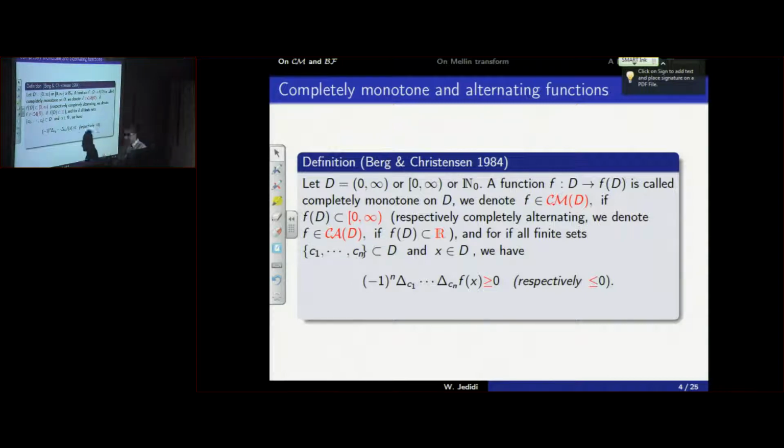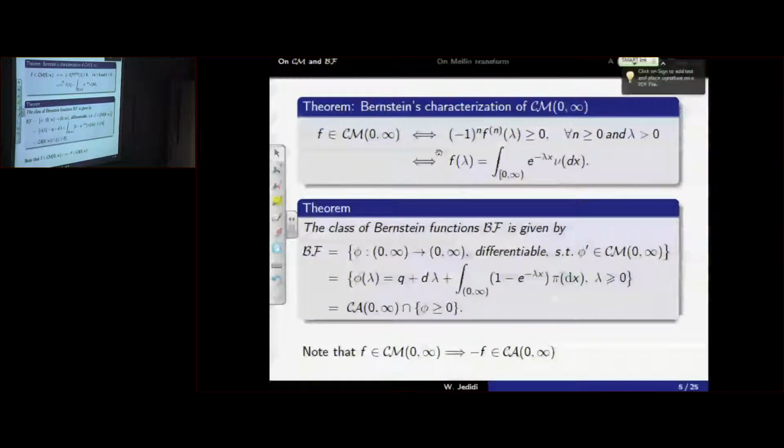What are these kinds of functions or sequences? What is their structure? Just focus on this condition. It's very surprising to discover. This has been discovered by Bernstein, the guy of the polynomials: if f is a function, necessarily f is infinitely differentiable. It's not obvious to see it with only this kind of condition. Not only is f infinitely differentiable, but it also has a representation as a Laplace transform of a measure.